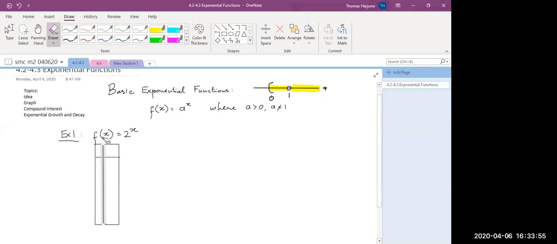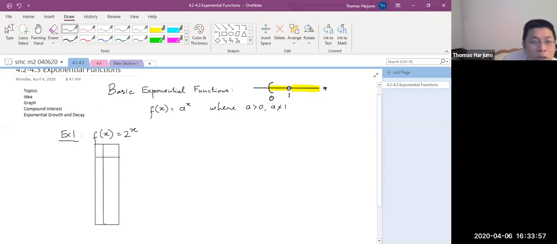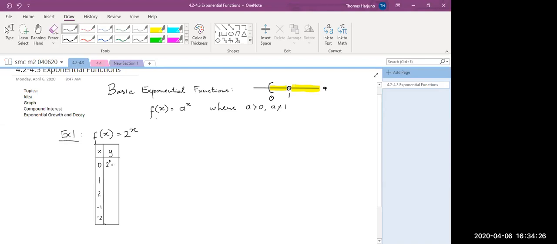Okay, so when x equals 0, what's the value? 1, 2, -1, -2. What's the value when you plug those x into the function? Like when x equals 0, the y will be 2 to the 0, which is 1.